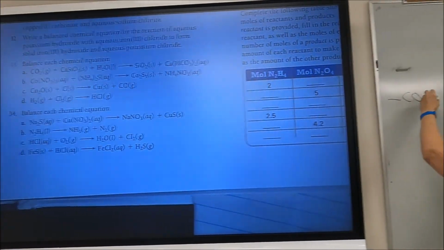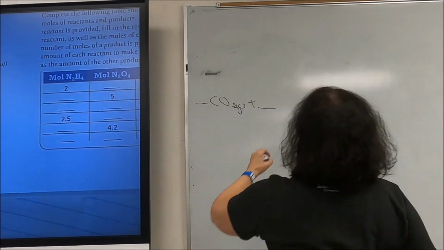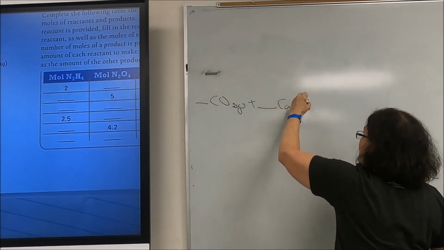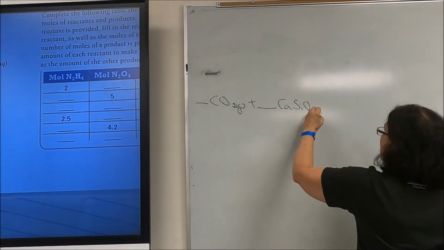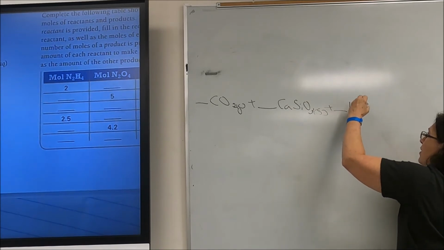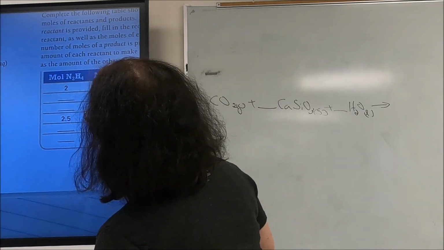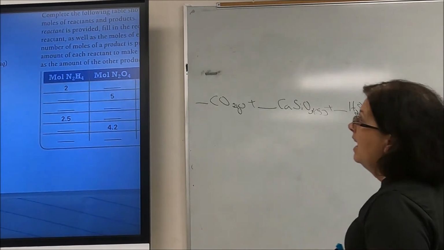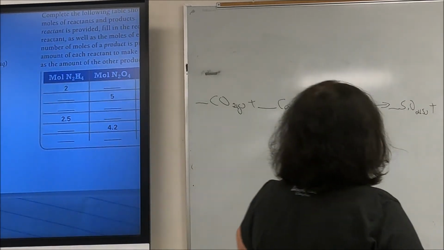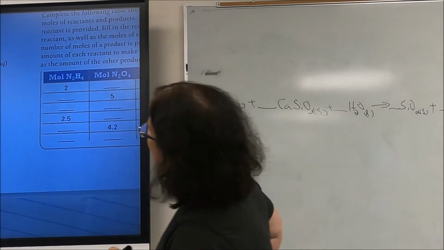So we've got carbon dioxide gas combining with calcium silicate, which is given to us as a solid, plus water here that's a liquid, and we're going to silicon dioxide, solid, and calcium bicarbonate, which is aqueous.